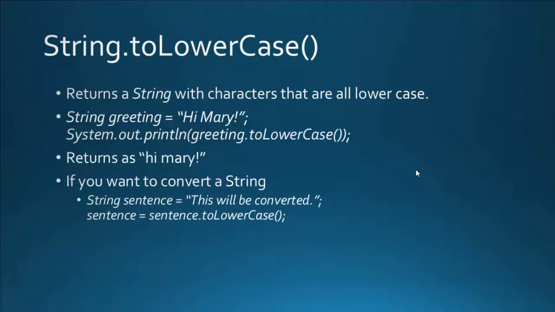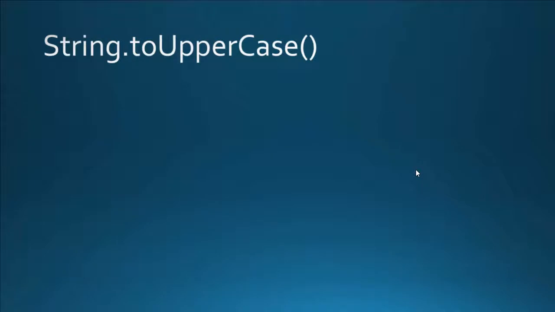If you want to convert a string, not just print it out, but change the string completely from uppercase to lowercase, you can do the following. String sentence equals "THIS WILL BE CONVERTED", sentence equals sentence.toLowerCase. And so now sentence would have "this will be converted", but all lowercase letters.